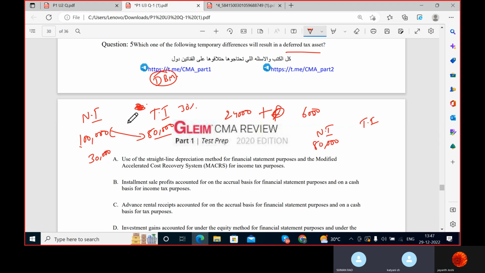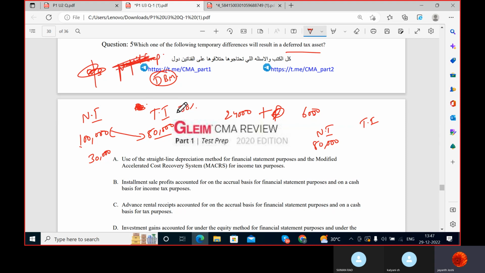No. Since these two are differing, I gave you a chart and the reasons: rent paid, interest, warranty. Because of certain expenditure shown here beforehand, this income is getting reduced. Let's say we are paying prepaid expenses, expenses paid in advance.